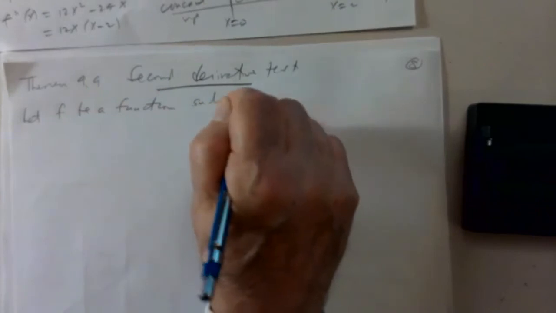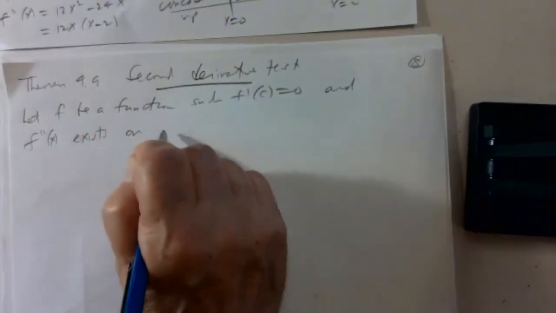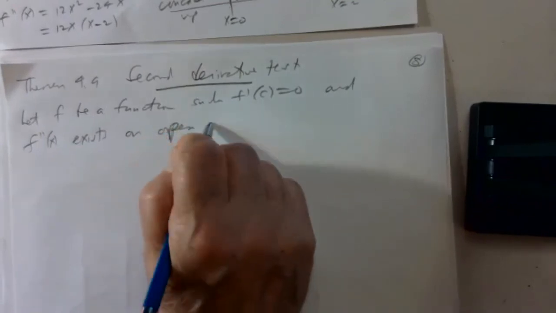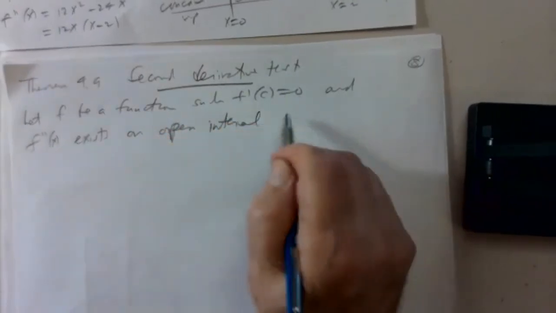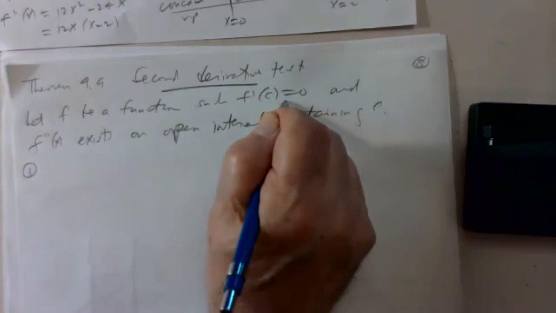So let f of x be a function where the first derivative at c is equal to 0, and the second derivative exists on some open interval containing c. So if the first derivative is 0, then you might have a relative minimum, or you might have a relative maximum, or you might not.